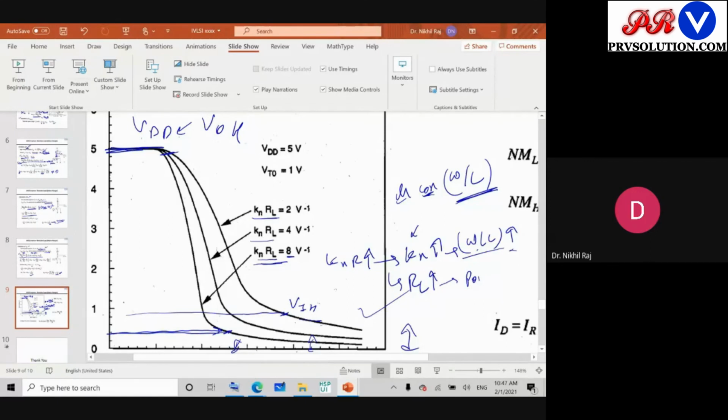My power dissipation will increase, because there will be an IR drop when the NMOS is in the on condition. So this is also a problem. That's why the resistive load inverter is not preferred compared to the CMOS inverter. The CMOS inverter dissipates low power compared with the resistive load based inverter or any other type of inverter.